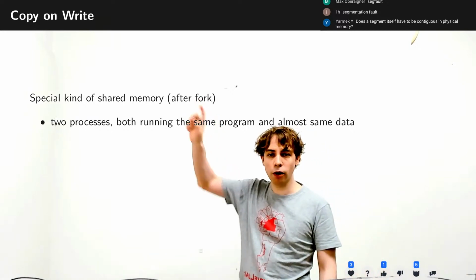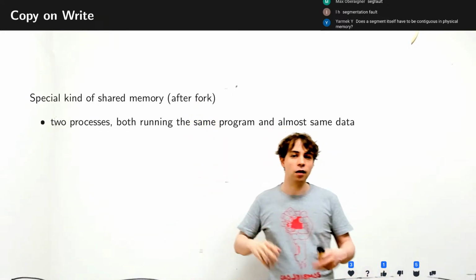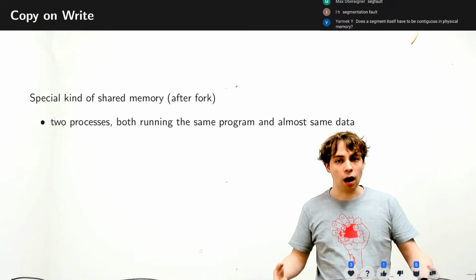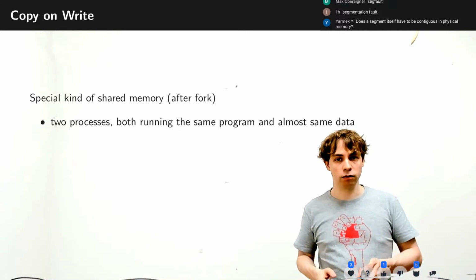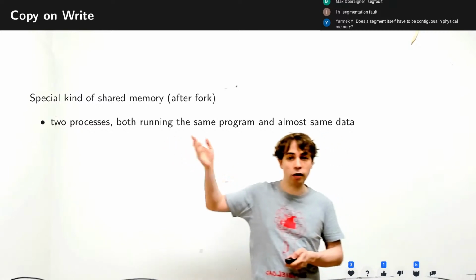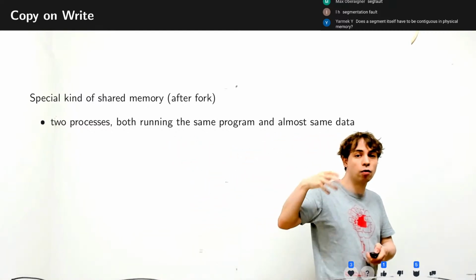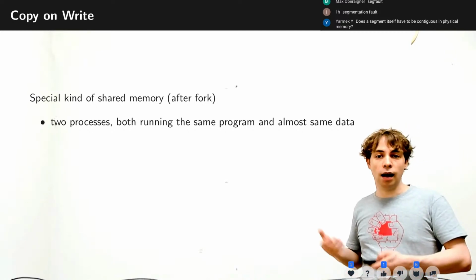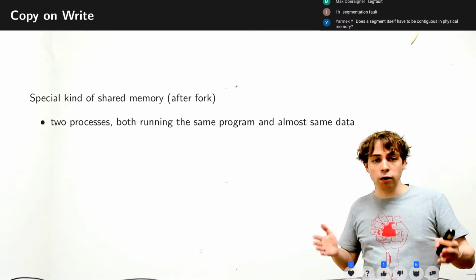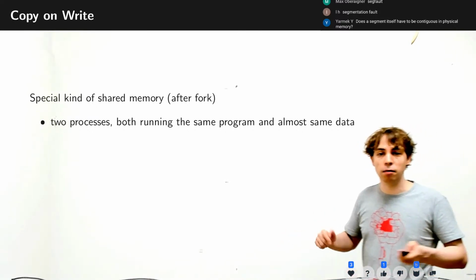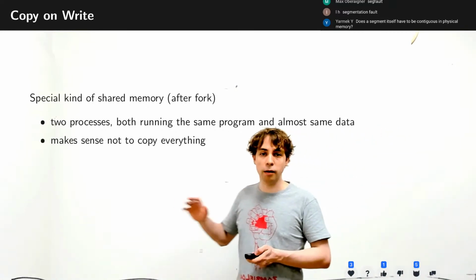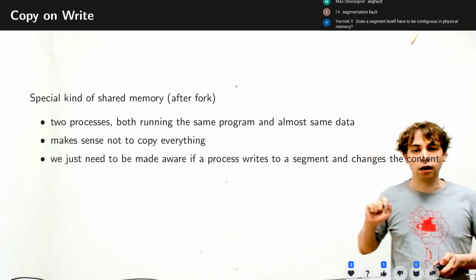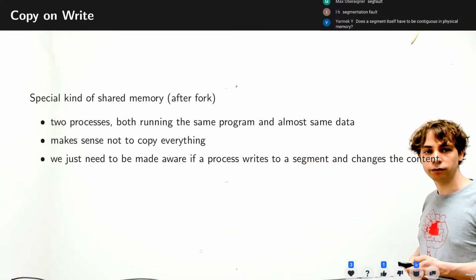When calling fork, the memory of the two processes might be shared, because the two processes have basically the same program, the same code, the same data. And if you call fork, why wouldn't you mark this all as shared memory? So it does make sense to not copy everything. You just set everything to shared.